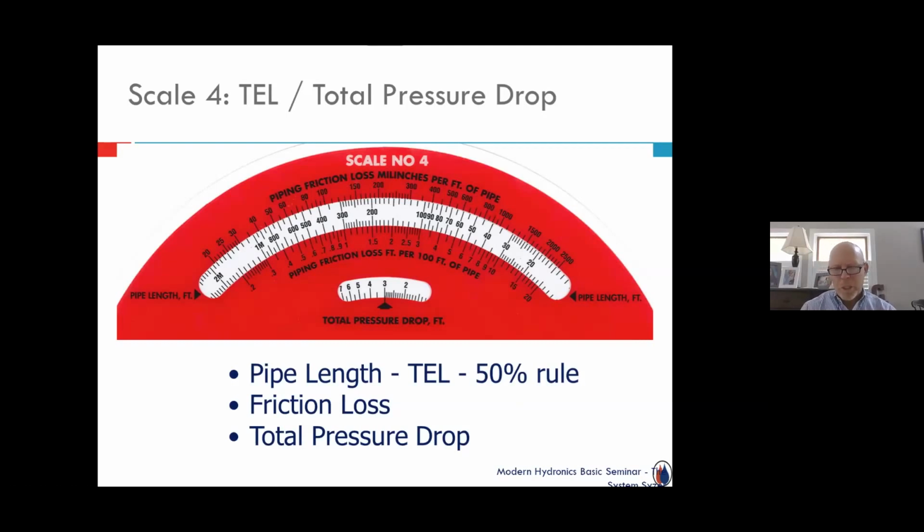Because on scale 1, you found the pressure drop for every 100 feet of pipe. Well, if you have 500 feet, we'll plug that in here, add your 50% for your fittings. All of a sudden, at 750 feet, you line this up, and this small little window will say, this is your total pressure drop for that application, that circuit.